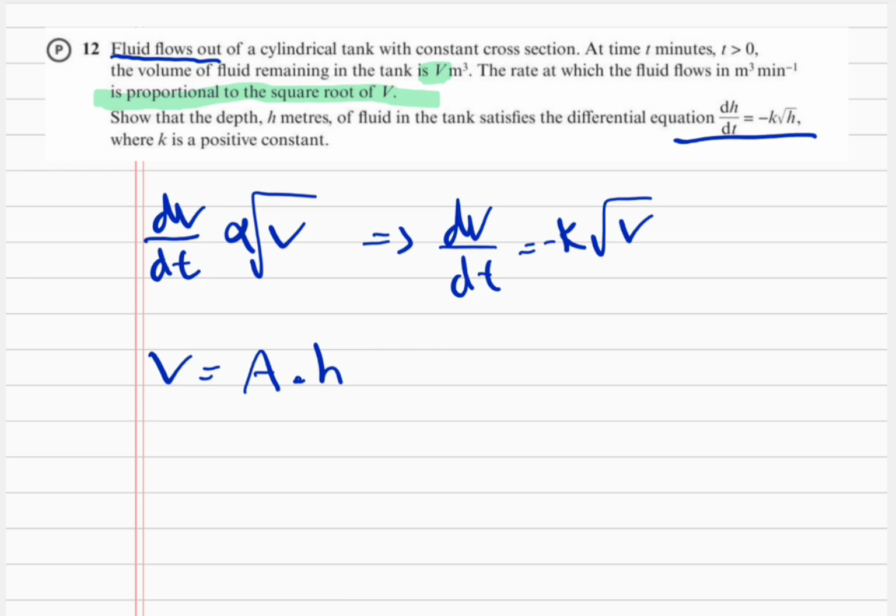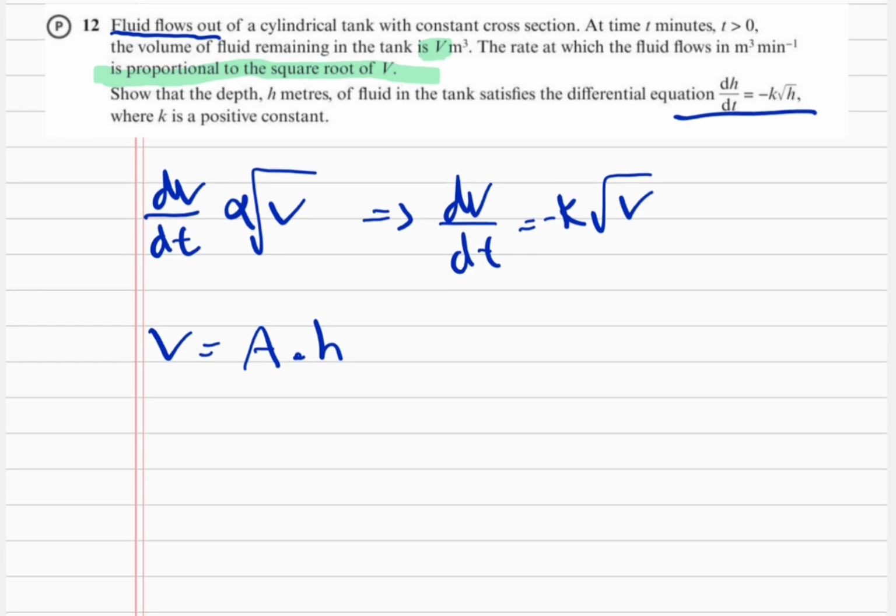And in this case, if we want to find dh by dt, we can form the equation very quickly. So dh by dt is equal to, as usual, we can easily form this by just looking at what parameters we have and using them to form the equation with the chain rule. We have dV by dt, which must be here because the dt in the denominator is also present.